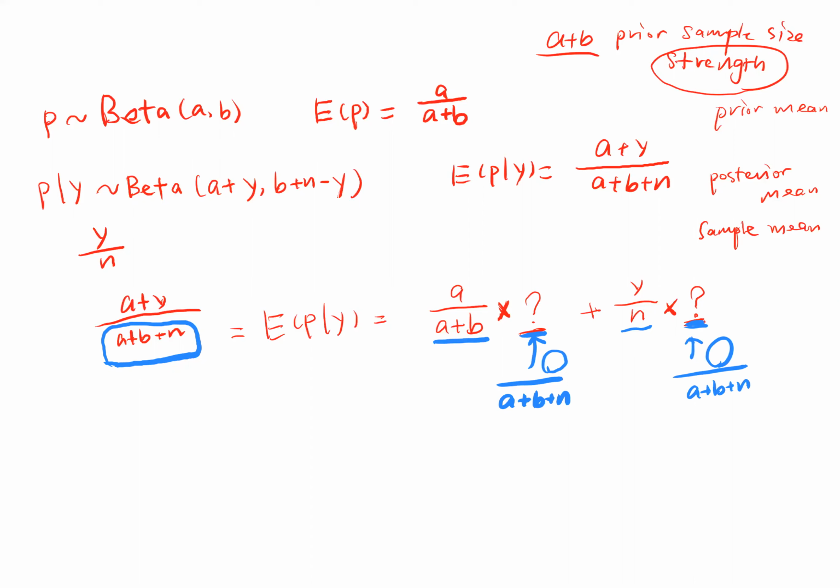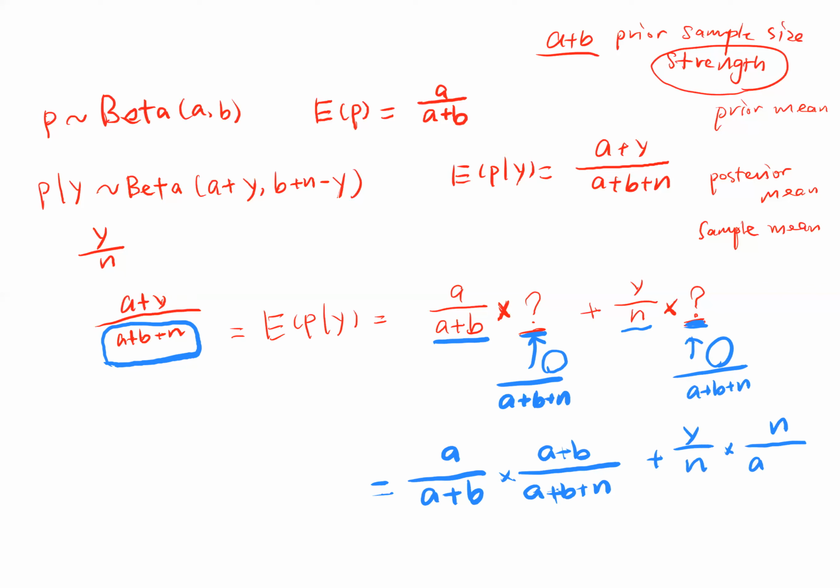Since I'm already here, I'm just going to say it: a plus b, a over a plus b times a plus b over a plus b plus n, plus y over n times n over a plus b plus n, right? Then that can help me cancel out those two terms, and once you simplify it, we're left with the left-hand side.